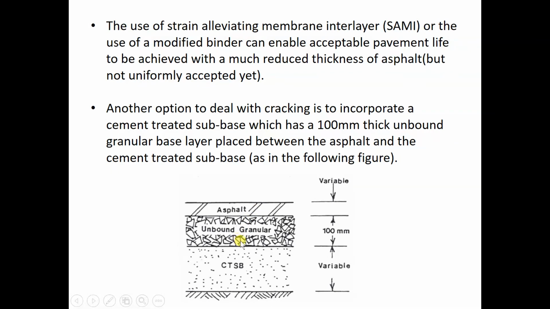Actually, this can retard the cracking as well. The CTSB can crack, but because there's 100 mm of unbound aggregate as a buffer, the crack will be contained. If the CTSB is directly below the asphalt, then any crack here will reflect and propagate to the top asphalt.